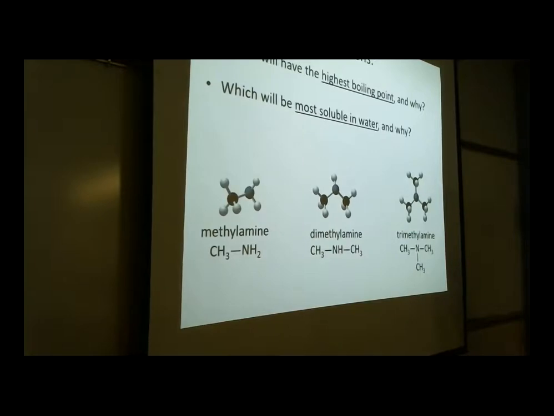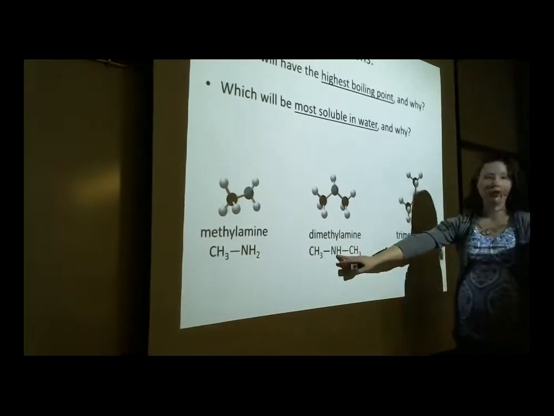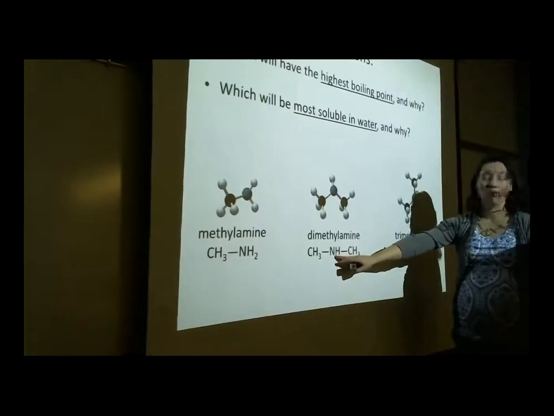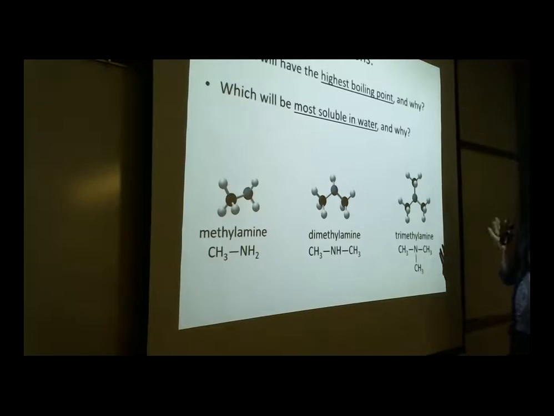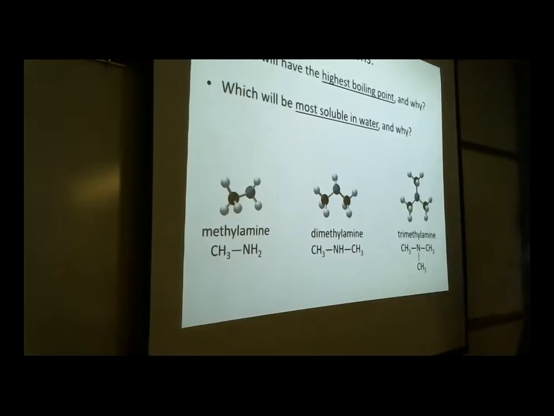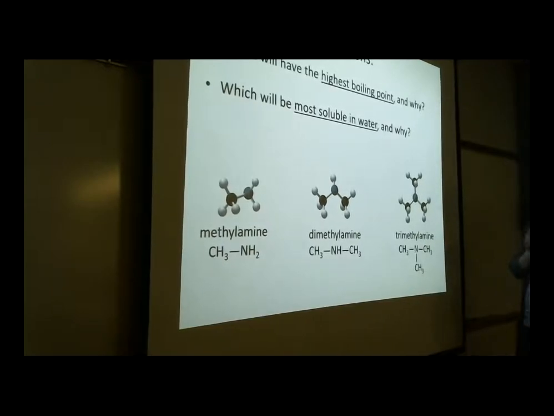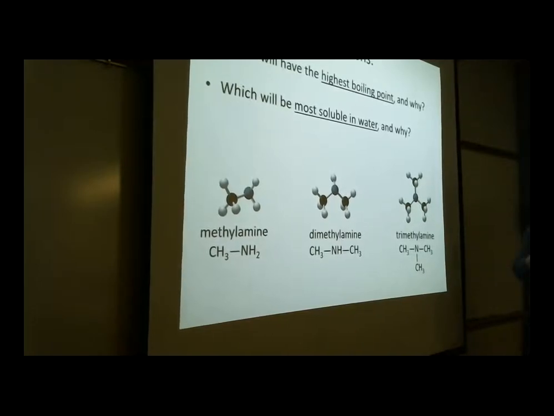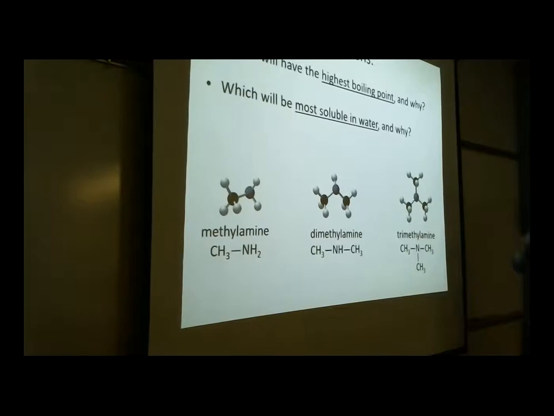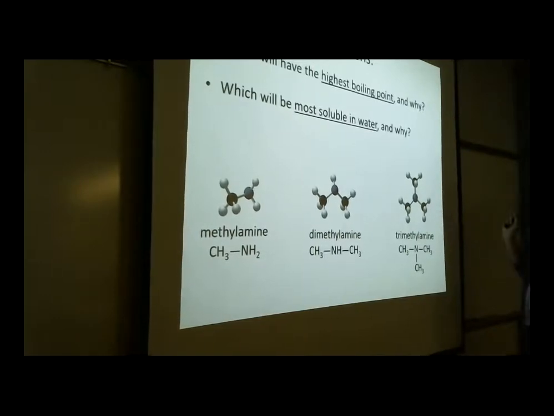They all have London forces, and they all have, not dipole, the NH is capable of hydrogen bonding, right? So all the amines are going to have hydrogen bonding. All the amines are going to have London forces, right? So who's going to have the strongest net IMFs? The biggest one, right? So this one would have the highest boiling point.